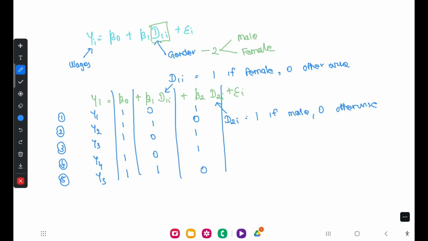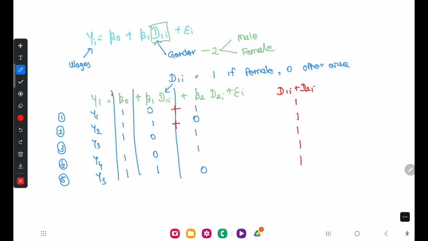Now, if I add these two together, that is D1 and D2, and form another column, D1i plus D2i, 0 plus 1 is 1. 1 plus 0 is 1. 1, 1, 1.